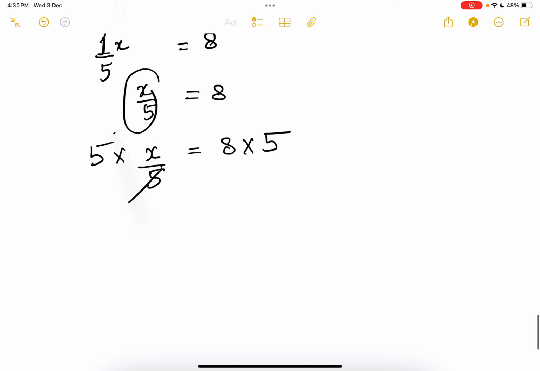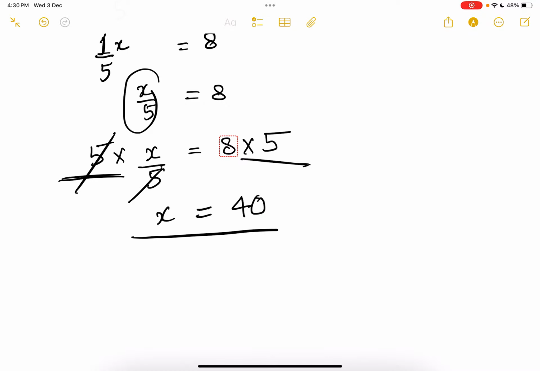When you cross this, you can cut this, 5 will cancel out with 5. Now you will ask, I've multiplied 5 here, so 5 will also be multiplied on this side, so this will be 40. x is equal to 40.